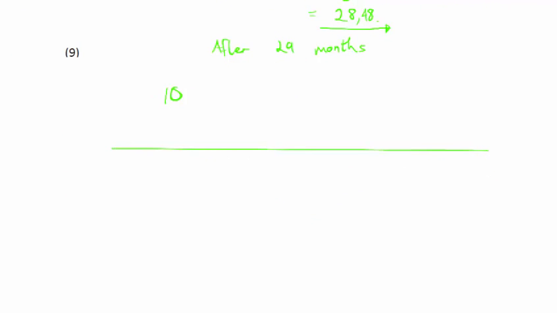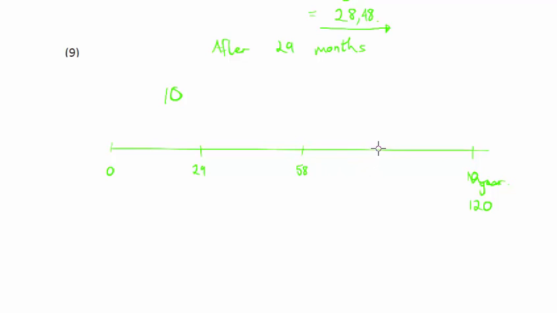Okay. So in 10 years, 10 years is how many months? 120 months. My first investment will come after 29 months. My next investment will be after another 29. So how many months have gone by? 58.